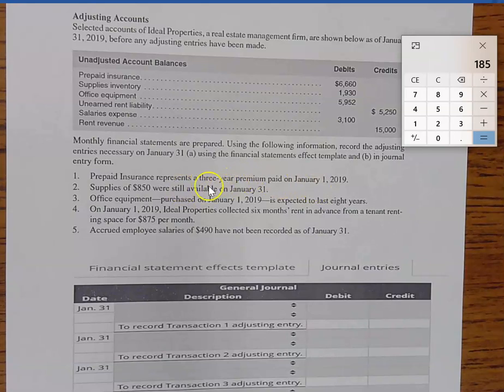Not sure how realistic it is for an insurance company to sell us a 3-year premium. Usually they don't like to do that kind of thing. However, this is the information that we have. So we're going to make this journal entry ourselves manually, but this is normally something to be set up through the accounting software. All right.